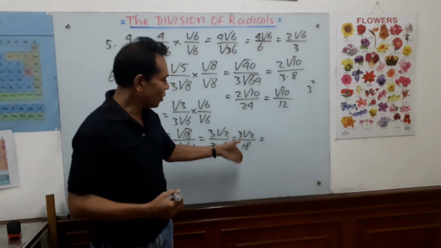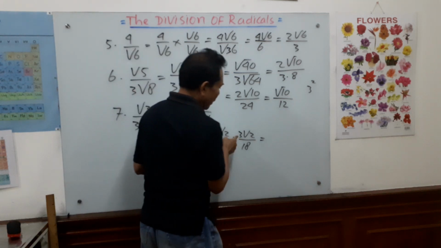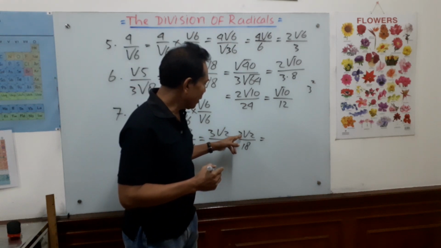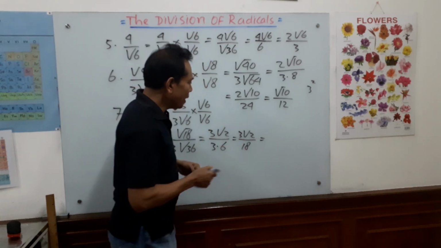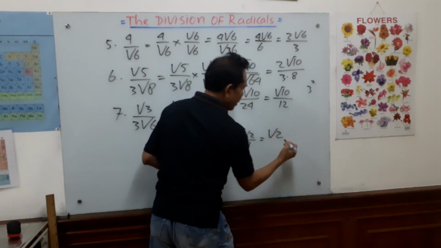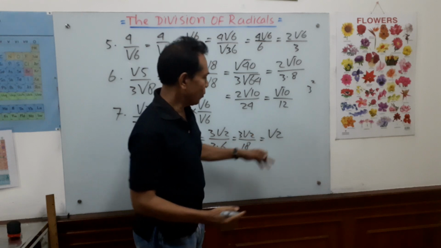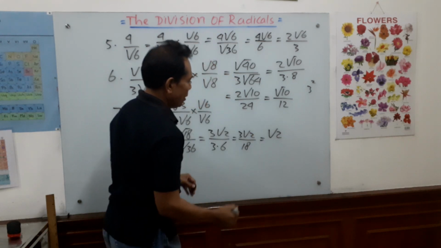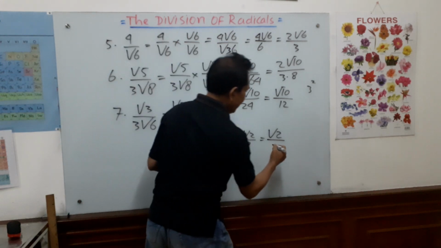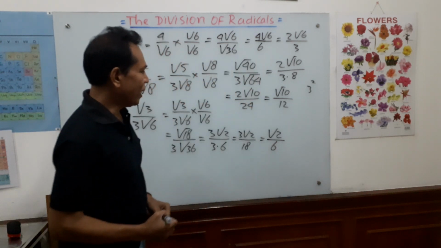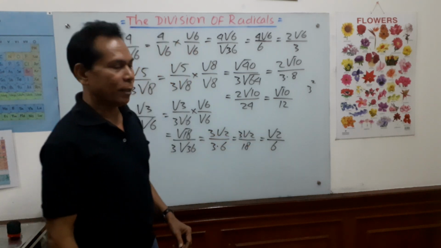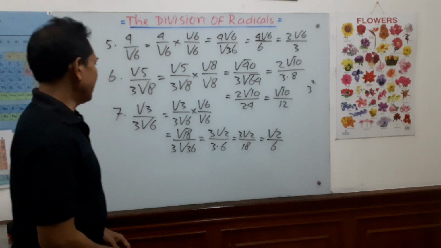So we can simplify this. If we take 3, we divide 3 divided by 3 is 1. So we have 1 square root 2. We normally don't write 1, so we just write square root 2 here over 18 divided by 3, which is 6. So your final answer for number 7 is square root 2 over 6. That's the final answer.